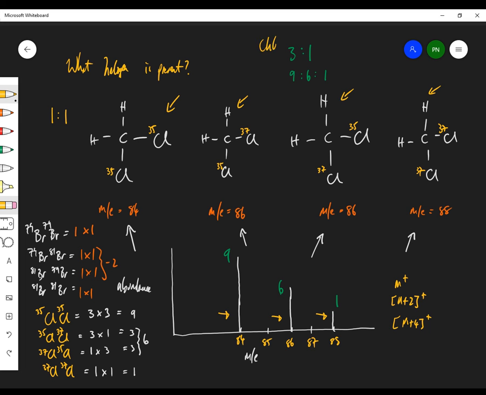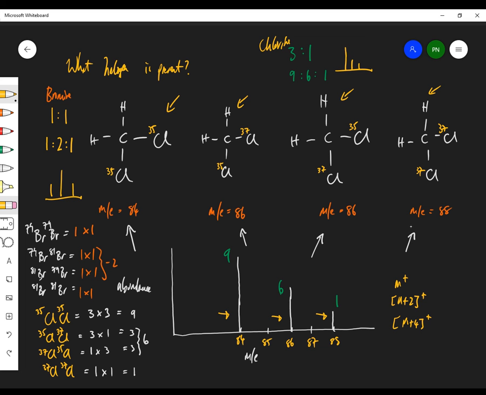This is chlorine, and this one, in a different color, is bromine. If there's 2 in the molecule, the ratio is 1 to 2 to 1. I hope that makes sense.